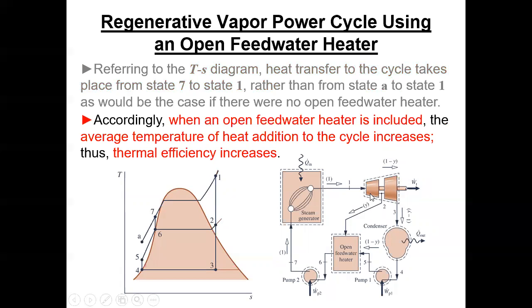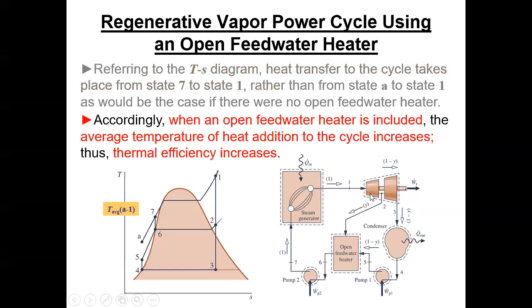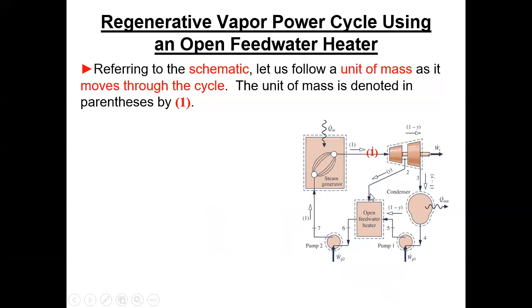Okay. Which increases the average temperature of the heat addition and increases cycle efficiency. So there we go. He didn't do the little ball from A to 1. I kind of like that little ball thing. There you go. And that's compared to going from A to 1. Okay.